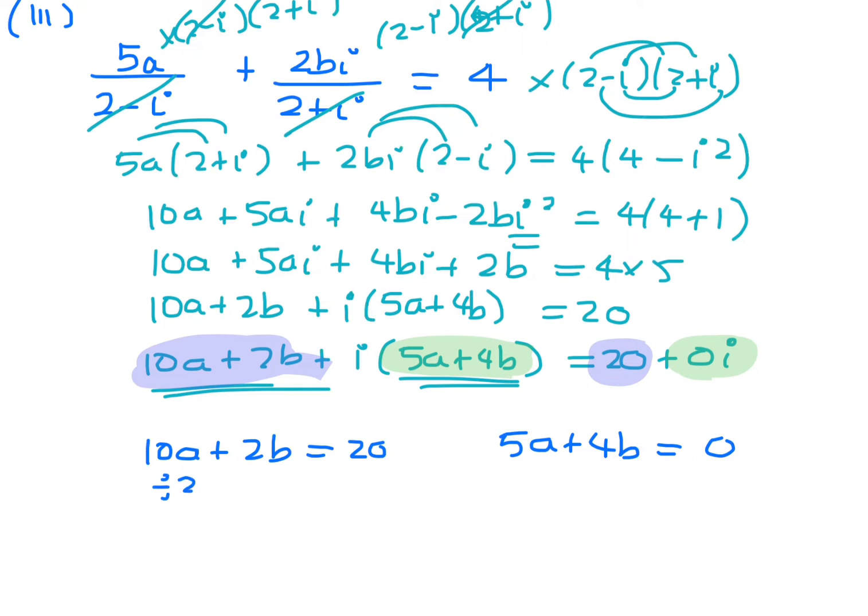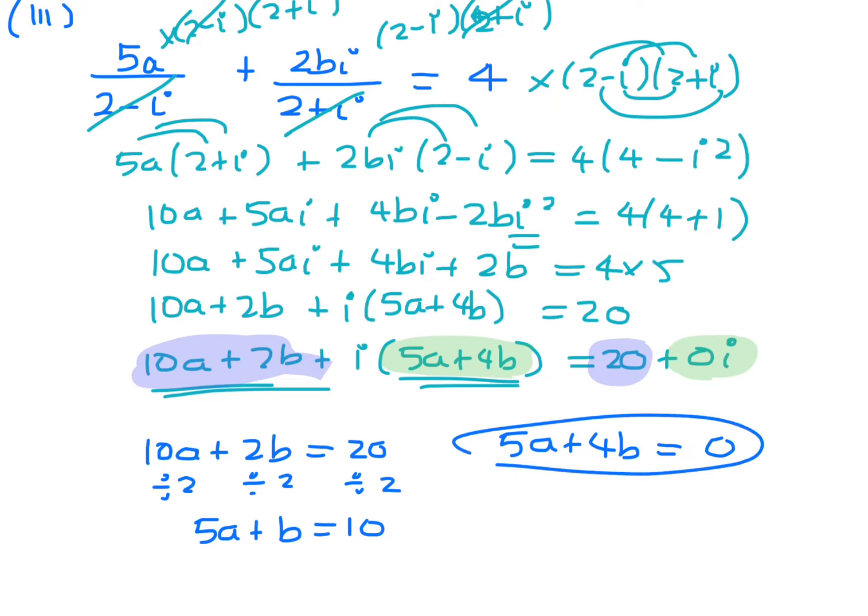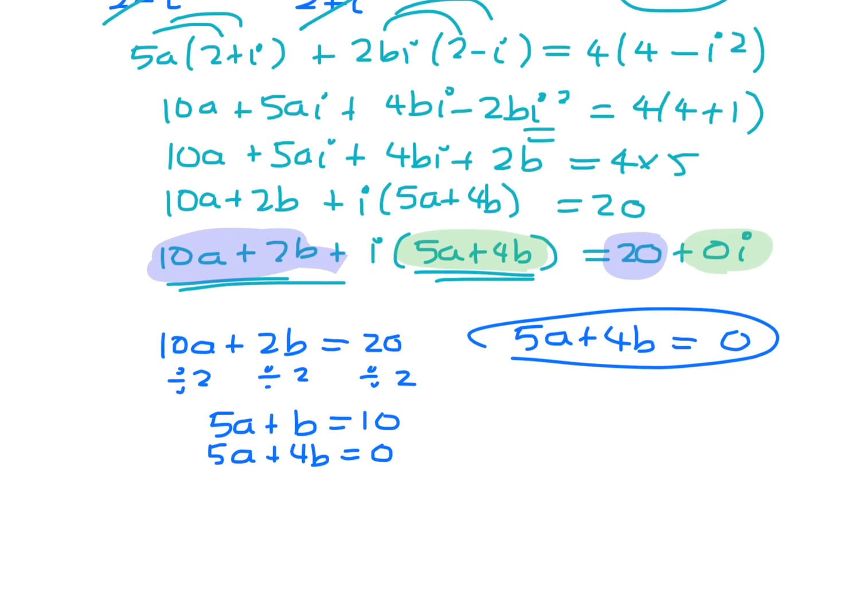I'm going to divide everything by 2 here, because if I do that, it's just going to simplify it a bit more. So it's 5a plus b equals 10. And let's put this one under here, 5a plus 4b equals 0. So if I subtract these two, 5a minus 5a is 0, b minus 4b is minus 3b, and 10 minus 0 is 10.